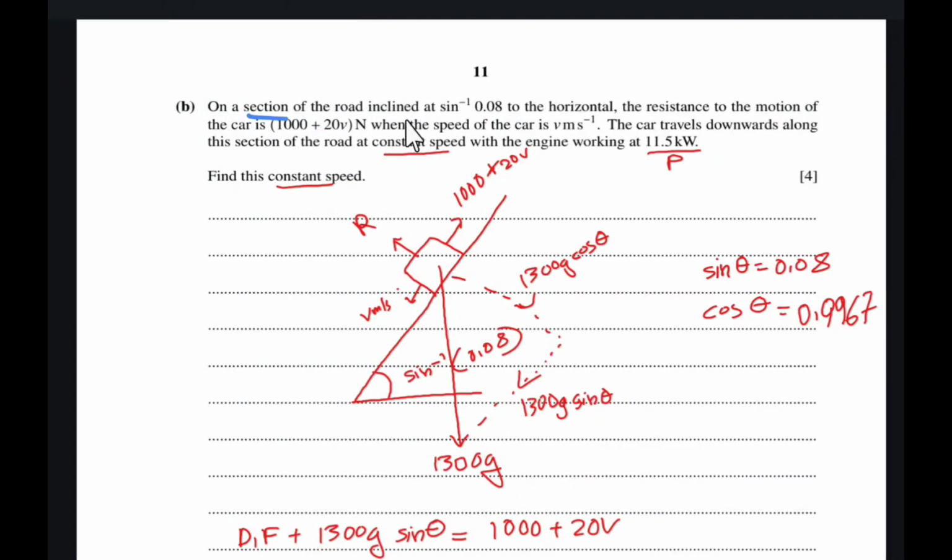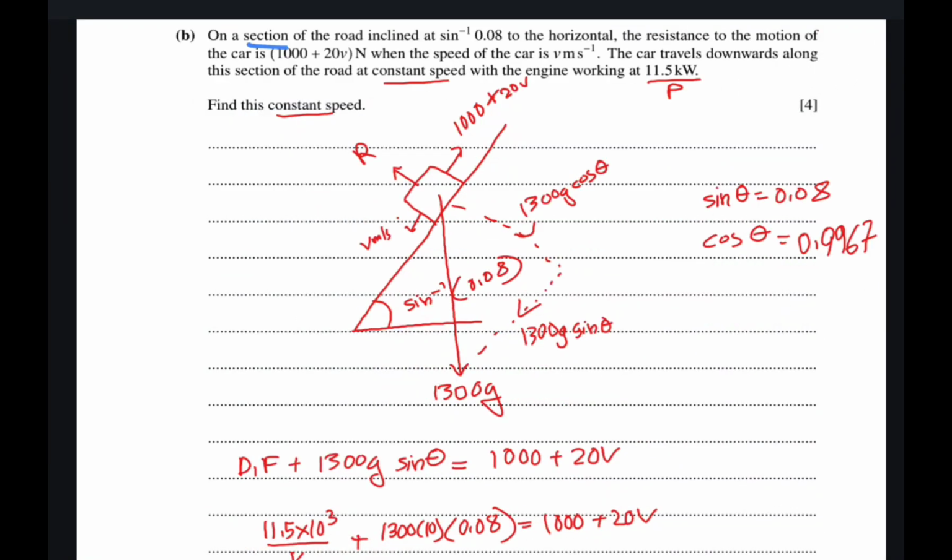The section of the road is inclined at an angle of sine inverse of 0.8 degree to the horizontal, and there is a resistance to motion of the car. So first of all, we have to remember that the road is inclined. So the particle is now on an inclined plane, at an angle of sine inverse of 0.8 degree to the horizontal.